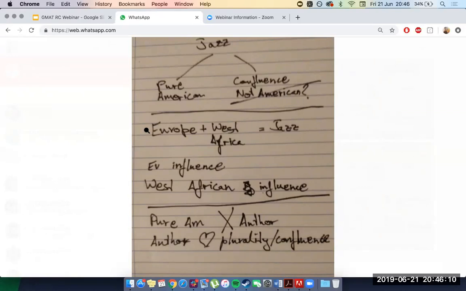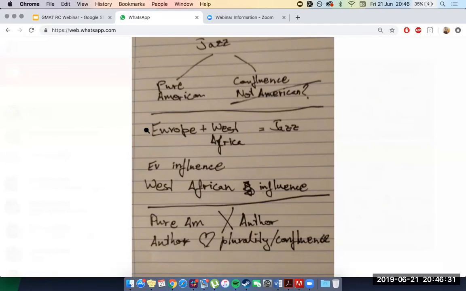Both sides think that jazz is an American art form. One side is saying jazz is purely American because it started in America. Another side is saying that jazz is American because it has influences from all over the world.